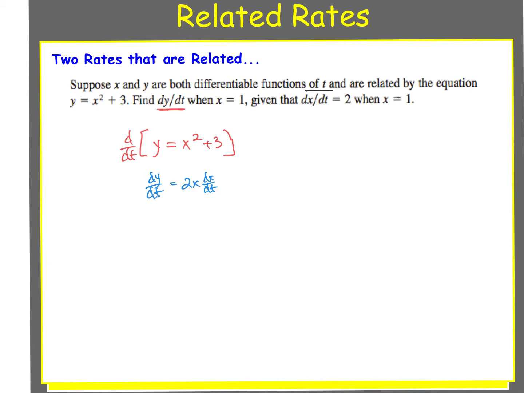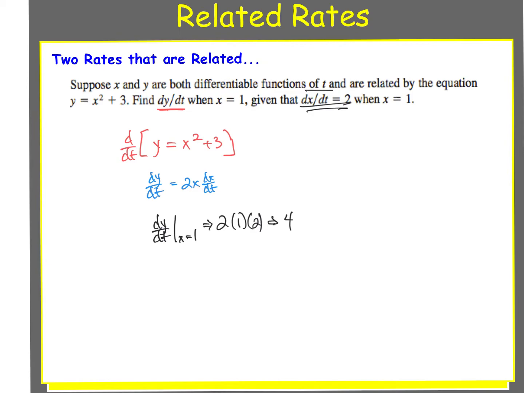I need to find dy/dt at x equals 1. So now I have 2 times, what's my x? 1. What's my dx/dt? It tells me 2. All right, so I end up with 4.